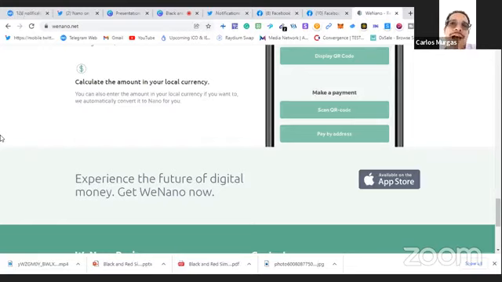Some nano lovers of the community that are also astronauts, which is kind of funny, set up a WeNano spot at the ISS. So the International Space Station has an actual WeNano spot. So it's going worldwide.